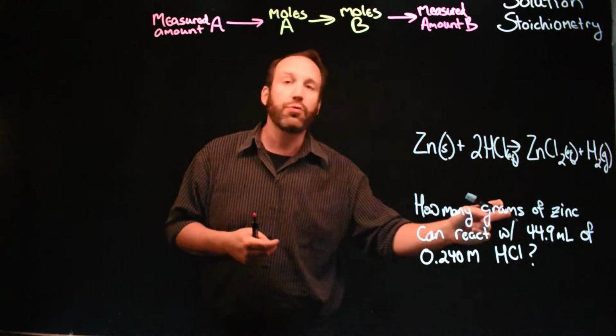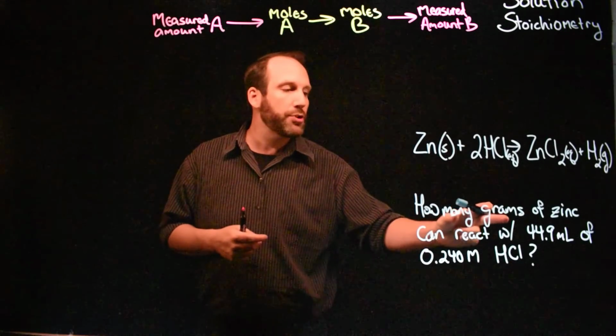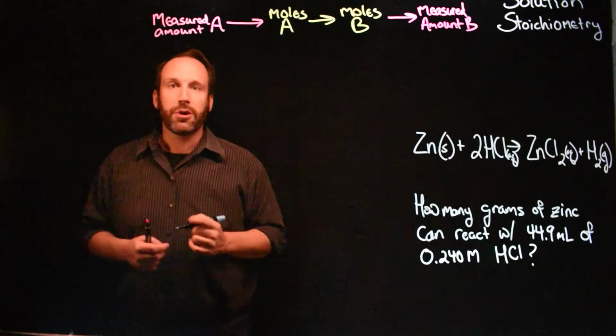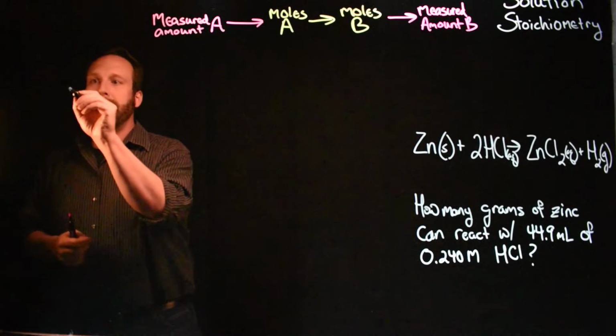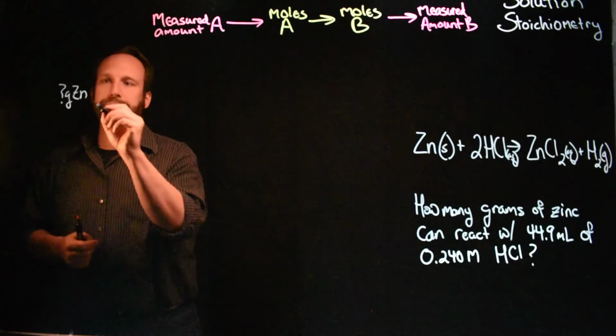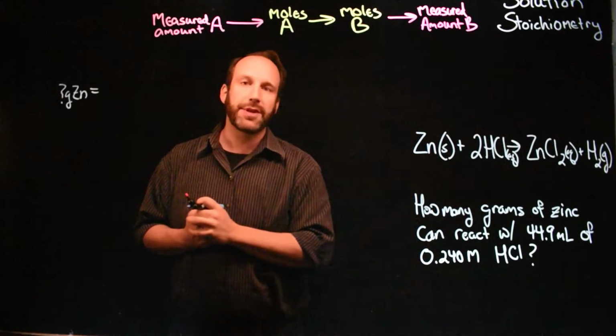So it's how many grams, that's the measurement we're trying to solve for, of zinc. So the question that we're asking in this problem is how many grams of zinc is equal to whatever the measured amount of A is.